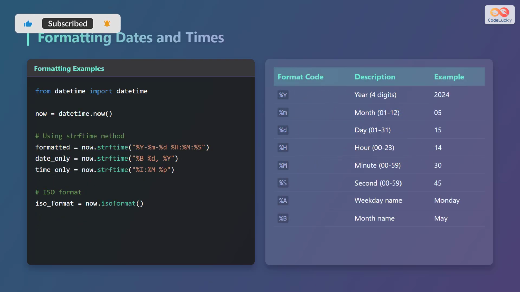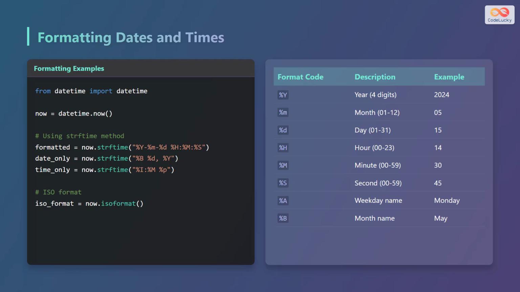Here's how to format dates and times using the DateTime module. After getting the current date and time using DateTime.now, you can format it into a string using the strftime method. For example, to format the date as year, month, day, hour, minute, second, use now.strftime with %Y-%m-%d %H:%M:%S.